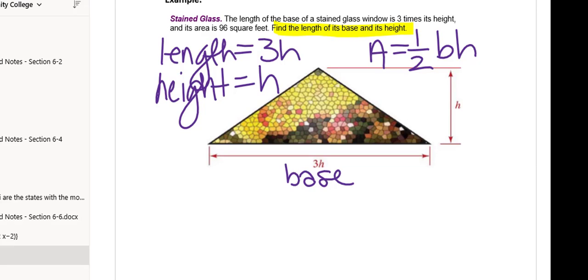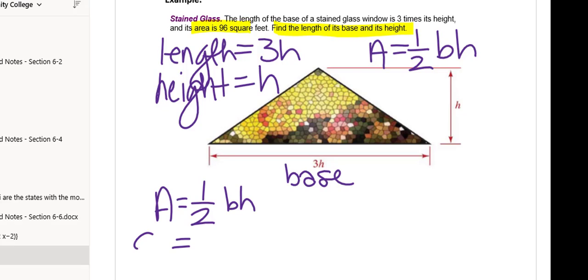So I'm going to put in the information that I have. With area, here's my formula once again: area is equal to 1/2 the base times the height. I know what my area is. My area is 96 square feet.